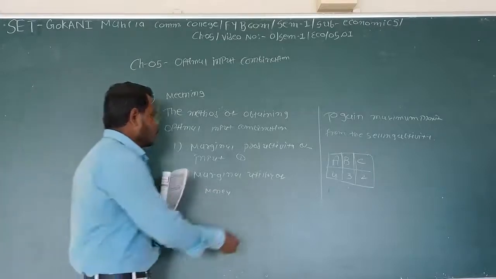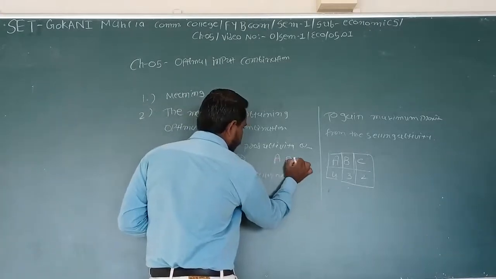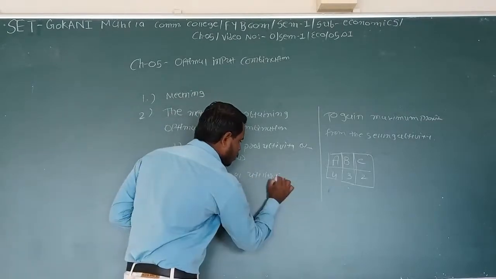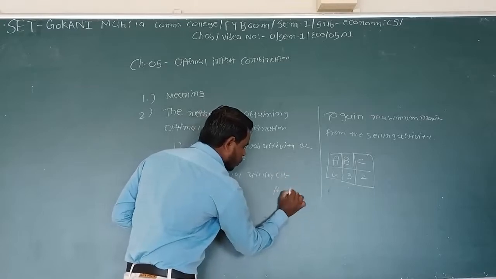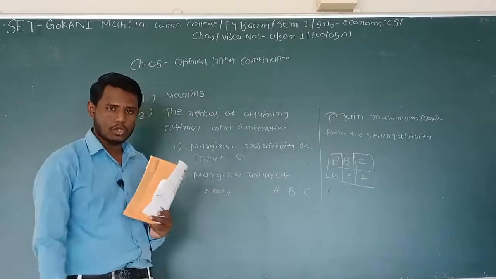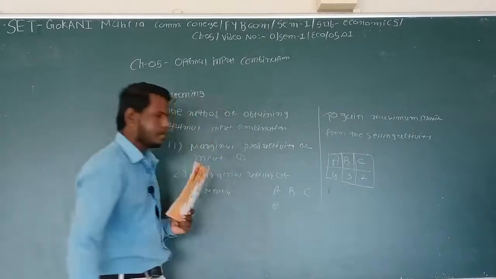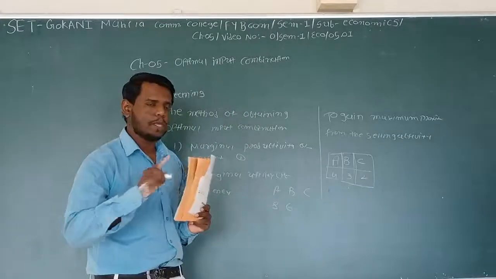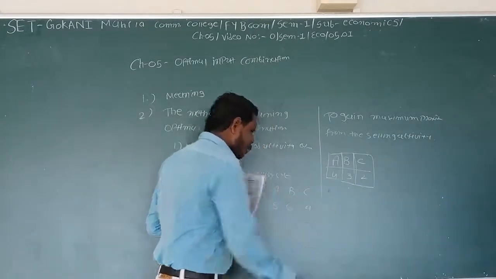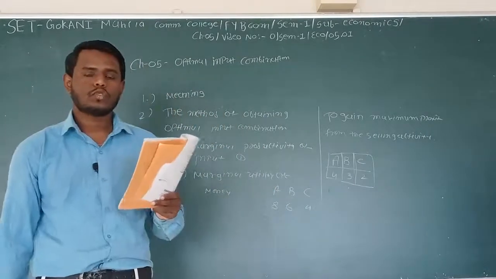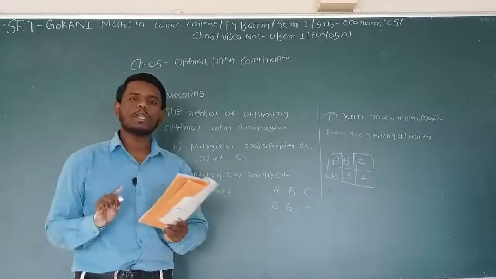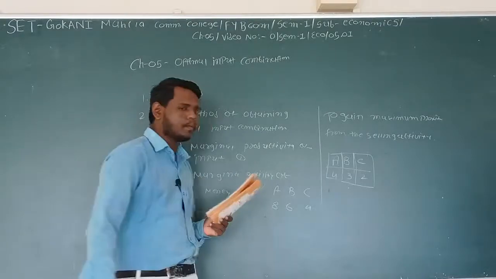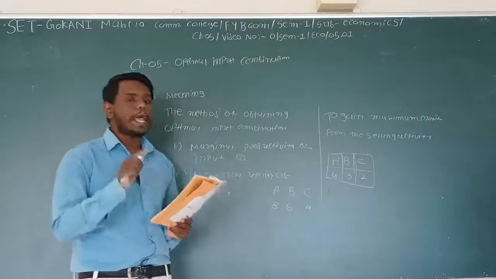Say for example, if you have 3 inputs available, A, B and C, and you spend rupees 8 on input A, rupees 6 on input B and rupees 4 on input C. If you want to make the optimal input combination, you have to make an effort until both the prices become the same.